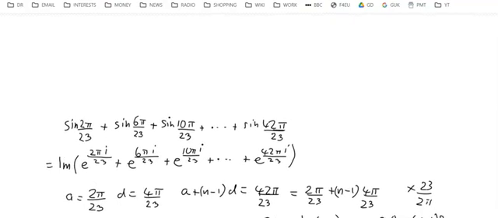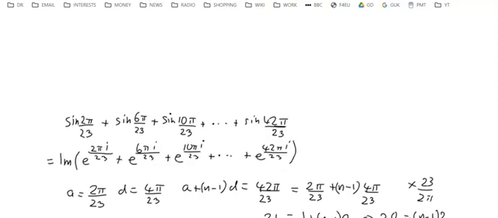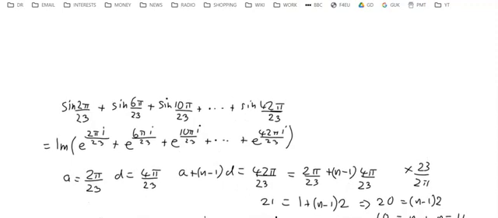We can see here that a is 2π/23, d is 4π/23, and the final term is 42π/23. By solving that equation, we discover that in the arithmetic progression, the number of terms we have is 11.